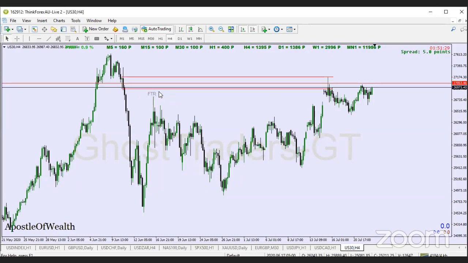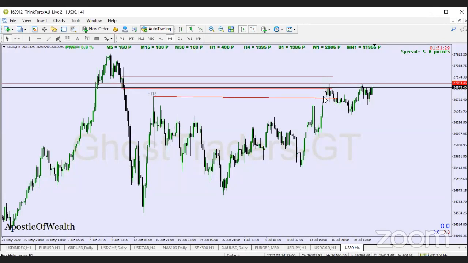So what we are expecting to happen when we see our FTR is that price is gonna clean up this thing. All the stop losses that are resting here are gonna be taken out, okay? So if you look at this scenario, we hear people saying this was a fake out. So price actually just faked out.